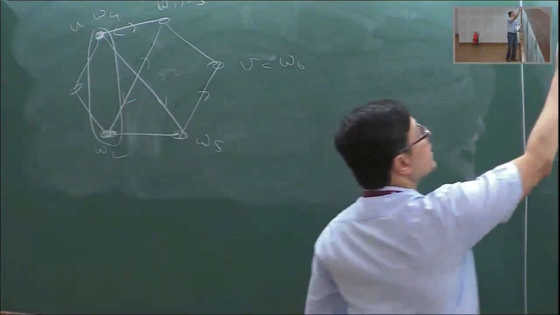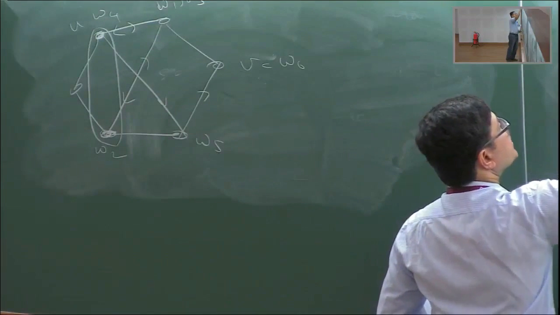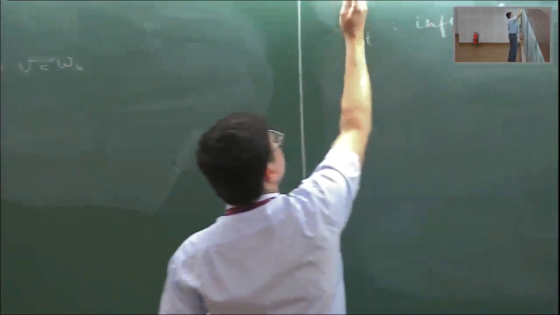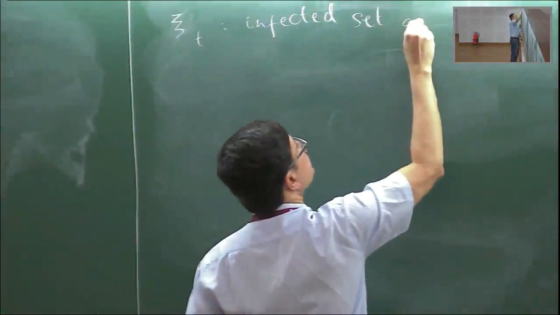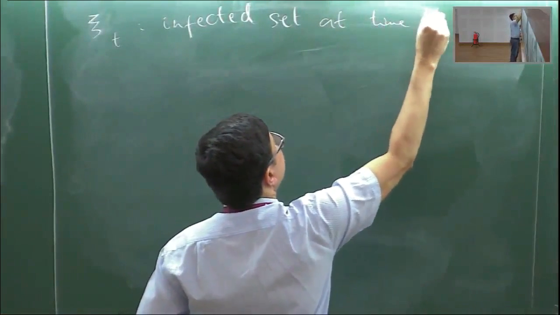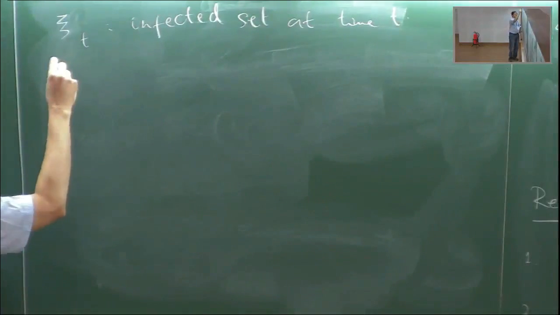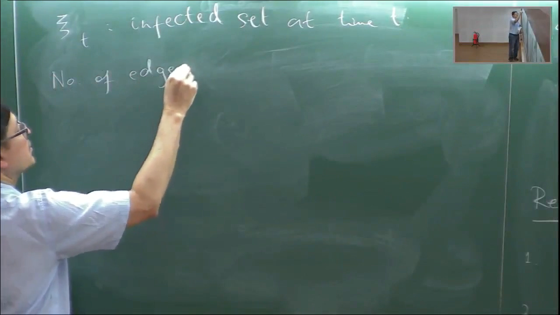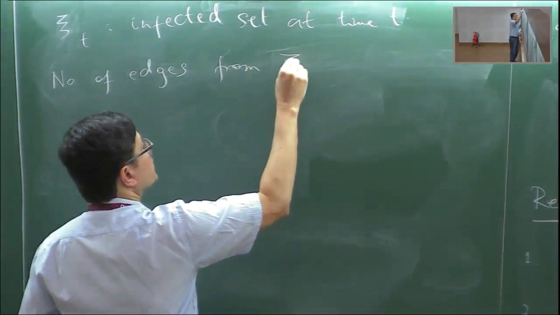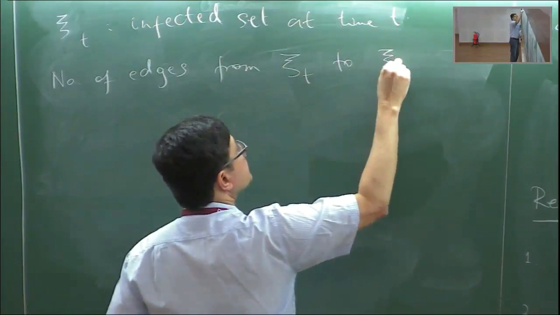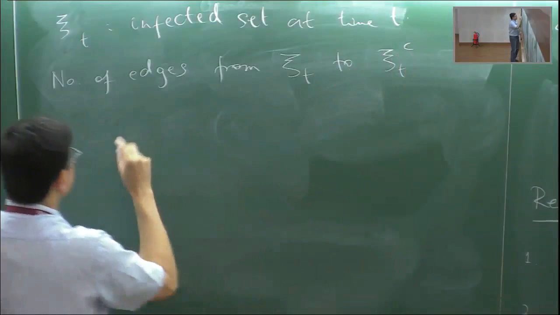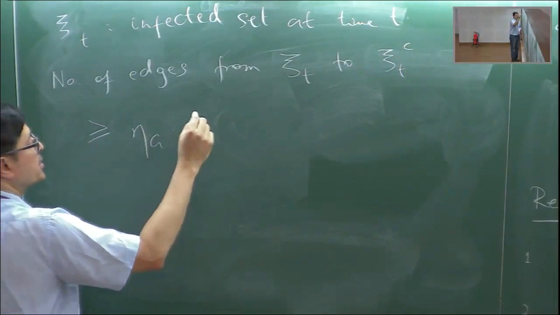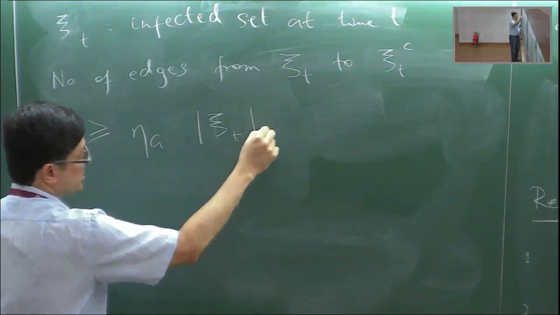So if Xi t is the infected set at time t, then the number of edges from Xi t to its complement is bigger or equal to the isoperimetric constant times the cardinality of Xi t.